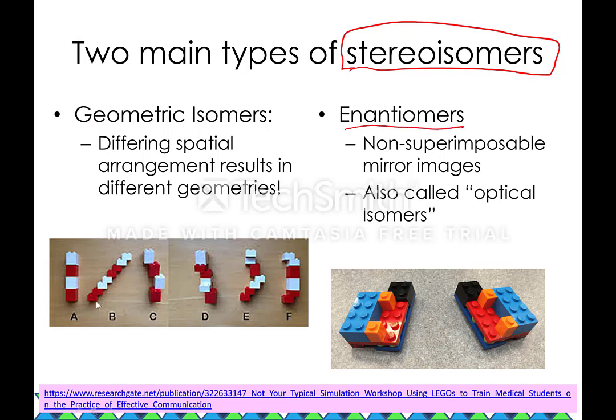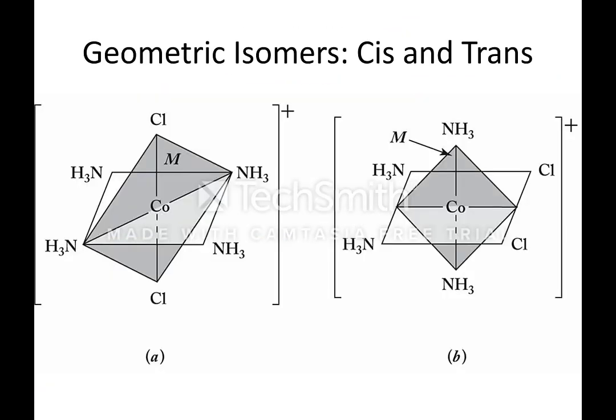Geometric isomers have different spatial arrangements that result in different geometries. That's the big key with geometric isomers. And enantiomers have the exact same geometry, the exact same connectivity, but they have a different spatial arrangement because they are non-superimposable mirror images.